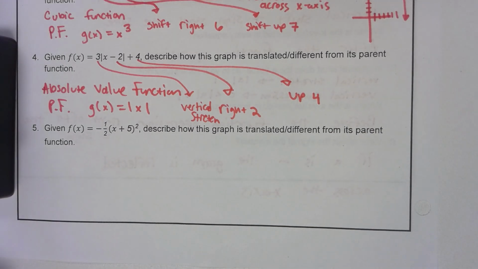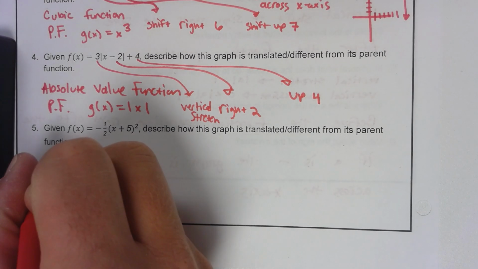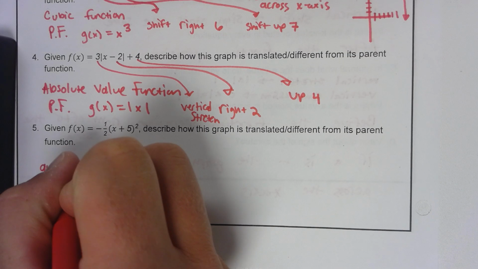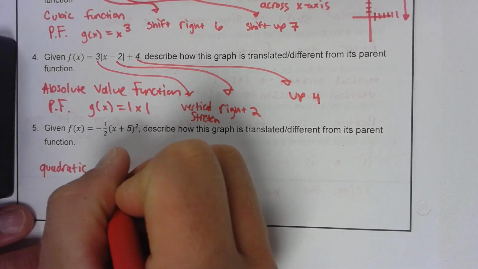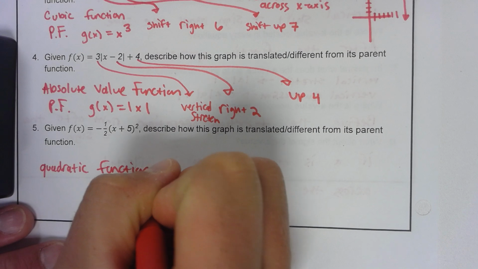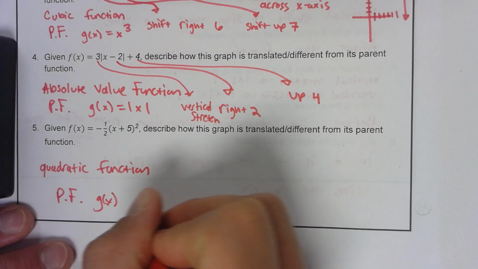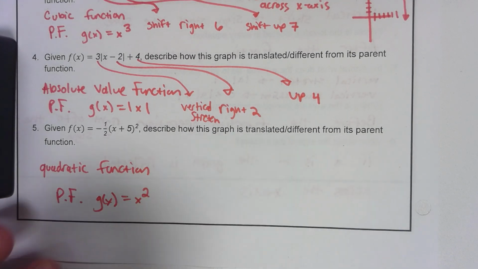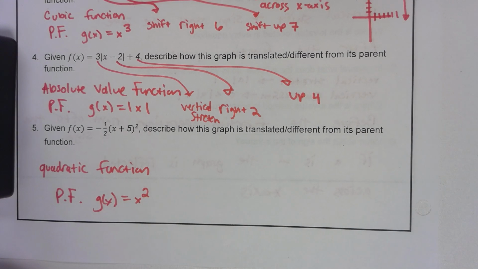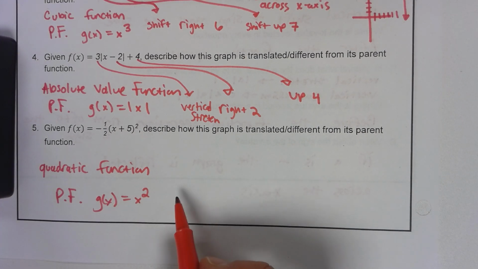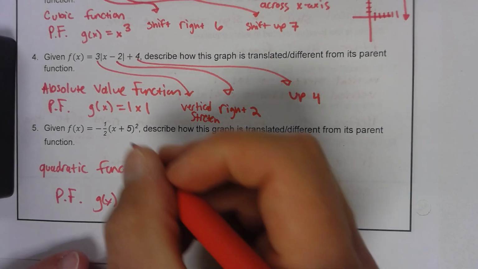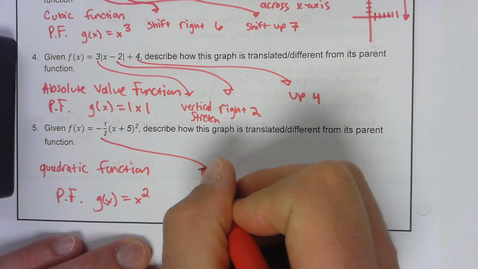All right, then number 5. This is a quadratic function. The parent function is x squared. And so then everything else does something to this equation. Let's start with the -1/2.